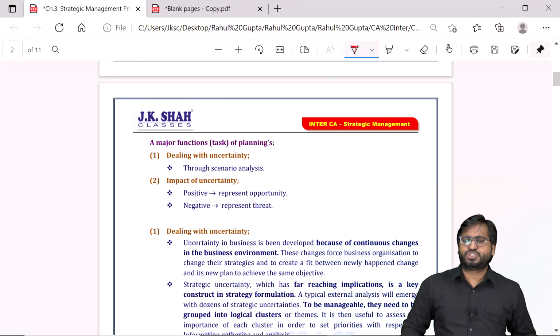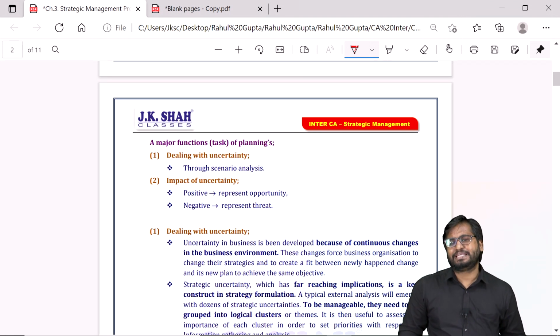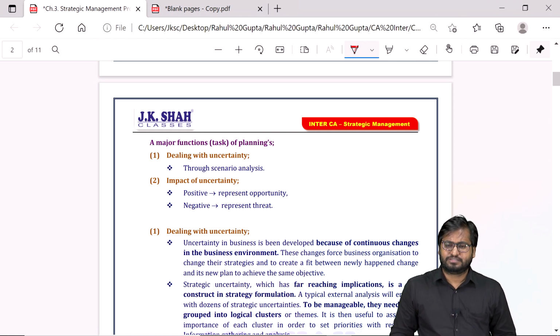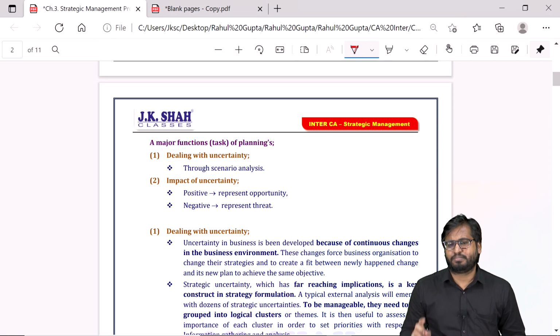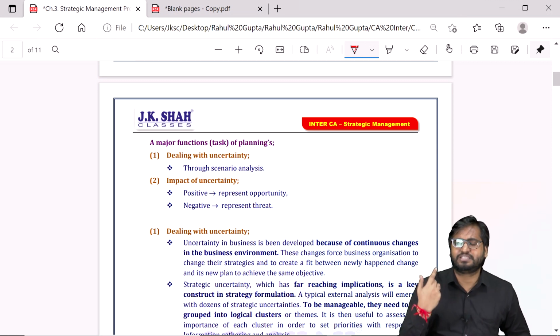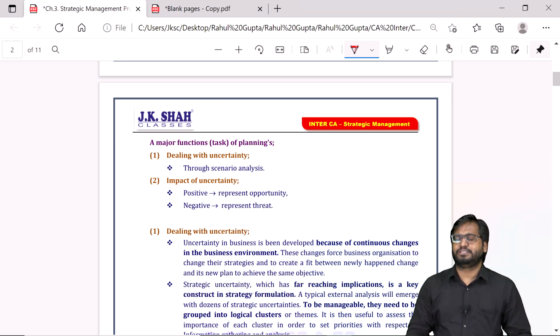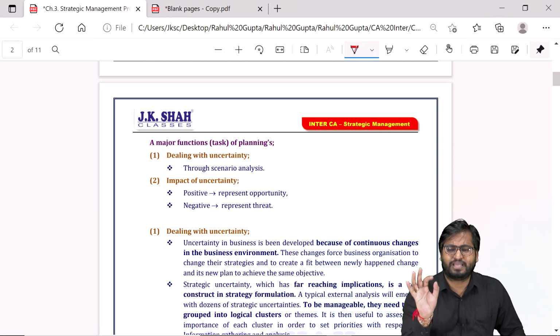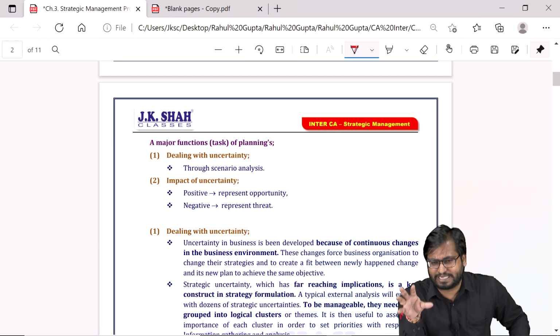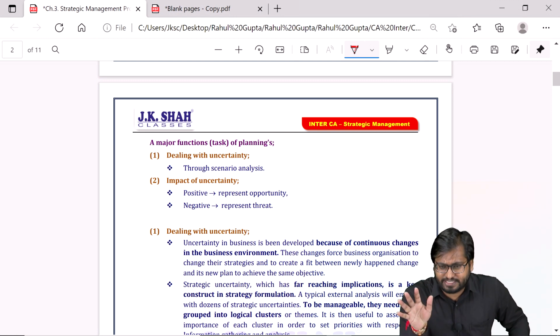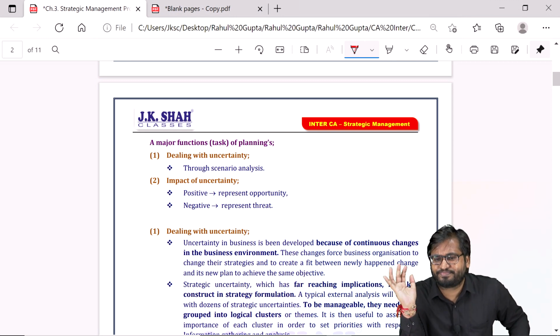What are the functions of planning? What are the tasks of planning? We have two tasks, two functions. Number one, dealing with uncertainty and the impact of uncertainty. Now, what do you mean by uncertainty? Tell me, the environment in which the business operates, is it constant or does it go on changing?